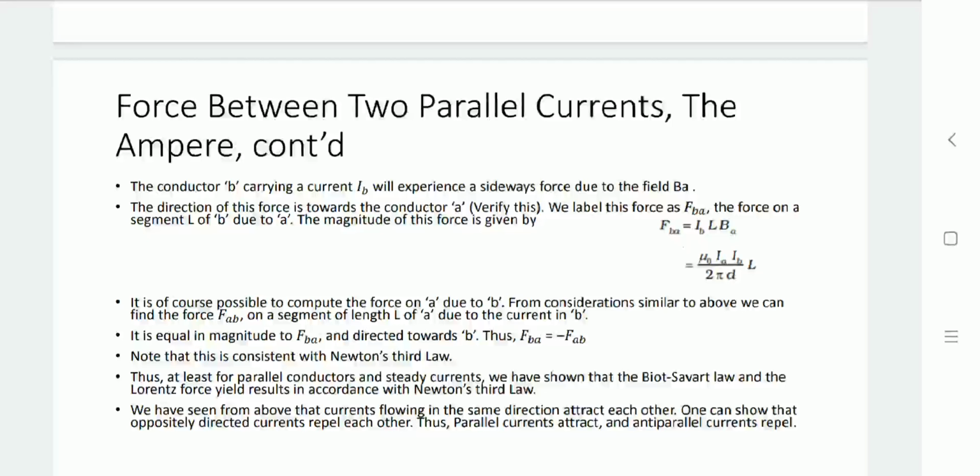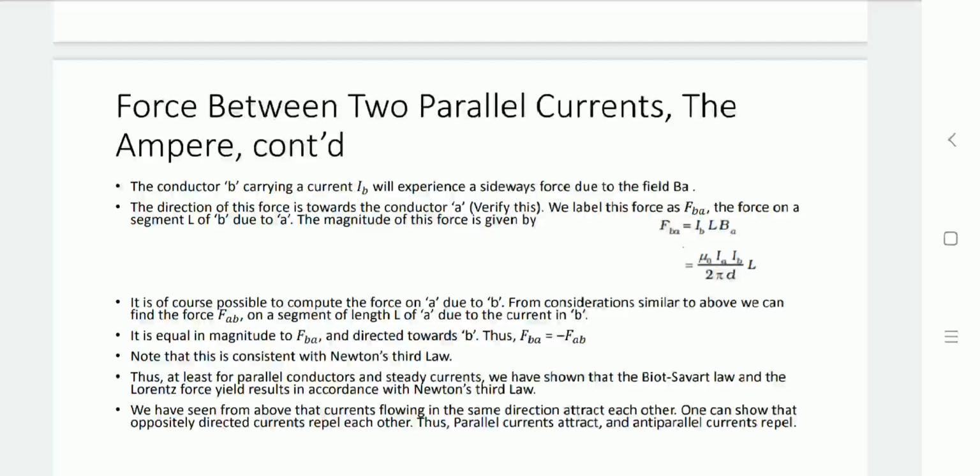So the field of A affecting conductor B is considered as FBA. The force acts on a segment L of B due to A, by the current IB flowing in B, and the magnetic field of A, that is BA, affects conductor B.